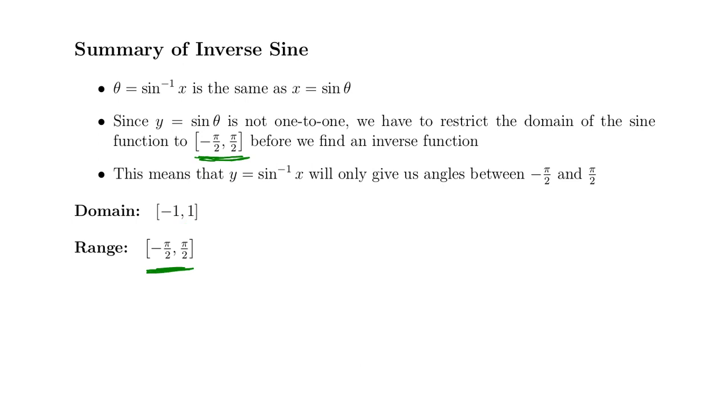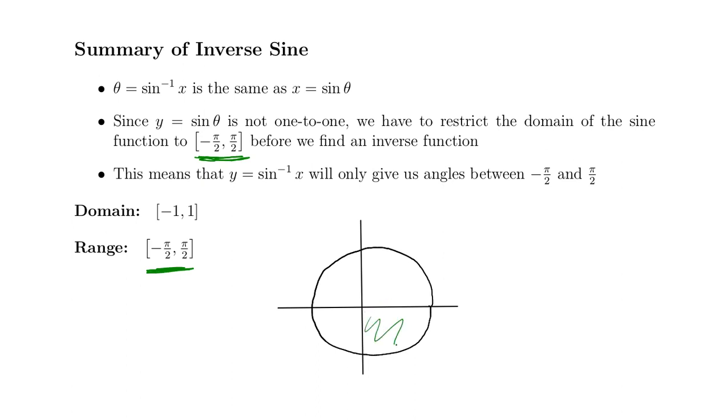One of the things that we might just draw real quick is to say if we had a nice unit circle here. My circle's going to be terrible. I already know it. All right, it's not so bad, but oh well. The angles that we're looking at are all the angles in between negative pi over 2 and pi over 2. So that's all the angles down here and up here.